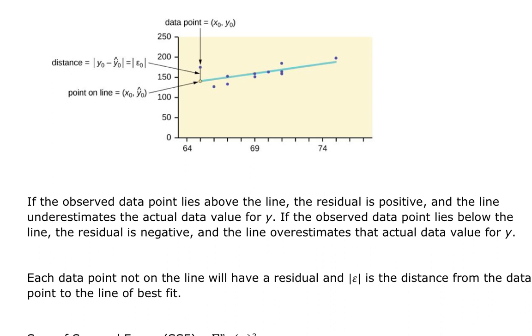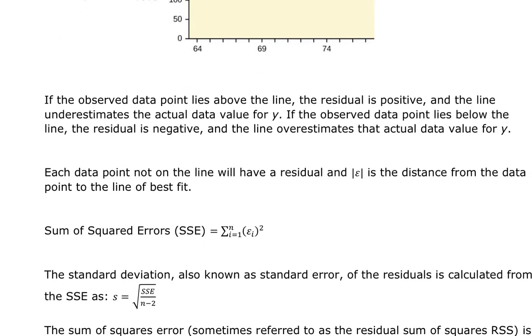If the observed data point is below the line, the residual is negative, and the line overestimates the actual value of y. Each data point not on the line will have a residual, and the absolute value of this error is the distance from the data point to the line of best fit.